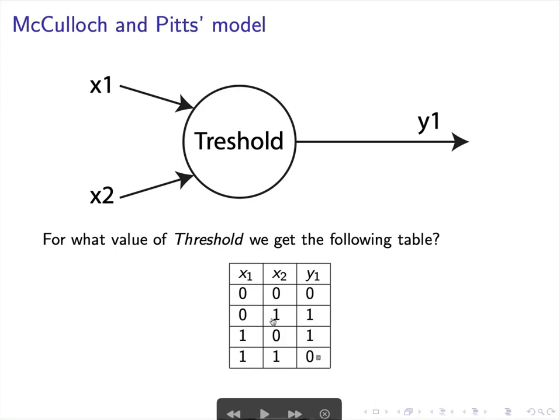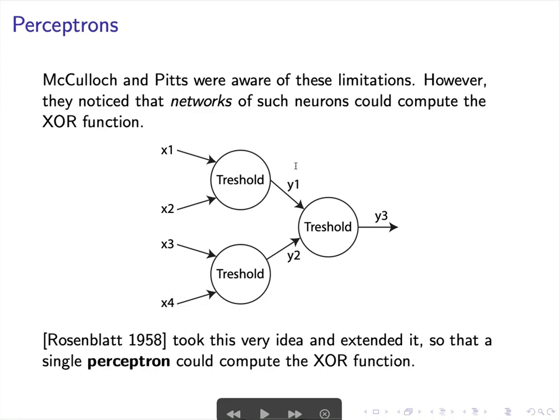I'm simplifying, obviously, but basically they allow any real number between 0 and 1 to be a possible value for x, and for x1 and x2, let's say. So already we have all the elements here, and actually they already were aware that you could learn stuff using these networks.